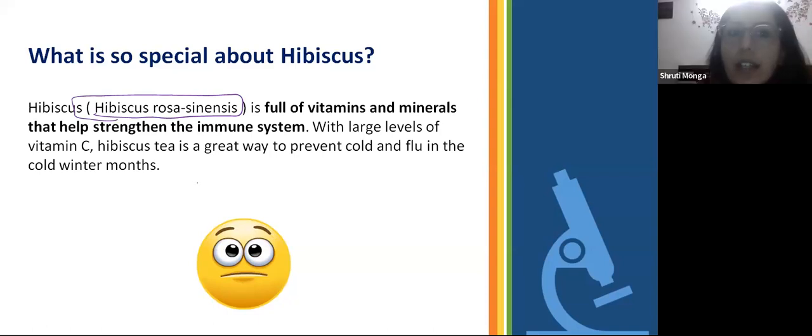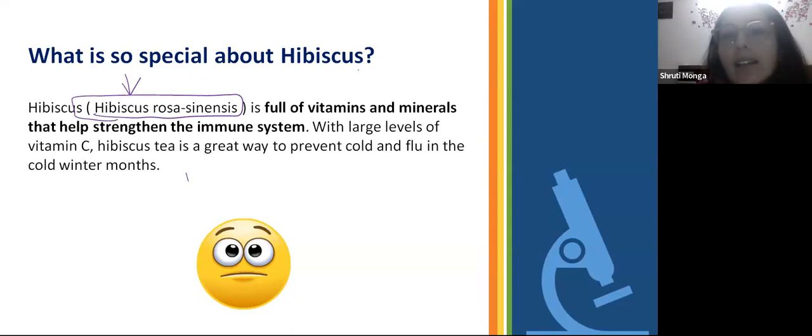This is the scientific name of hibiscus, Hibiscus rosa sinensis. There is a rule for writing scientific names because you are studying biology, you should know it.